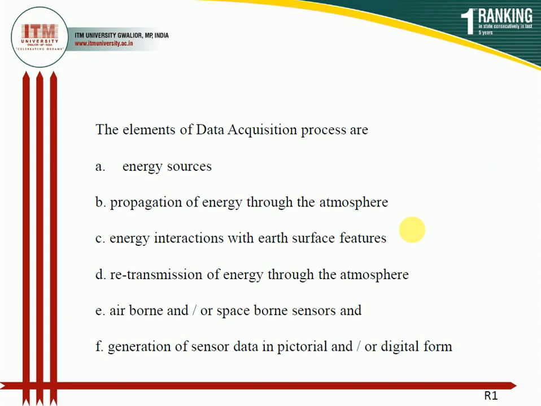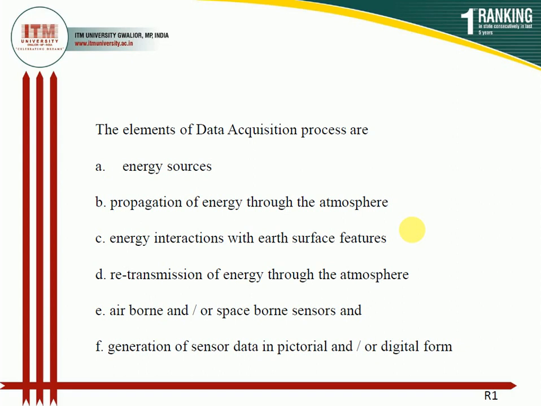In the process of data acquisition, there are a few things which we have to know. First one is the energy source, which type of source is used for illuminating the object, whether it may be a sun or a satellite one. Second one is how the light interacts with the atmosphere, means whether all the light which is incident by the sun totally strikes the surface of any particular vegetation, or some part is missed, that we have to first consider.